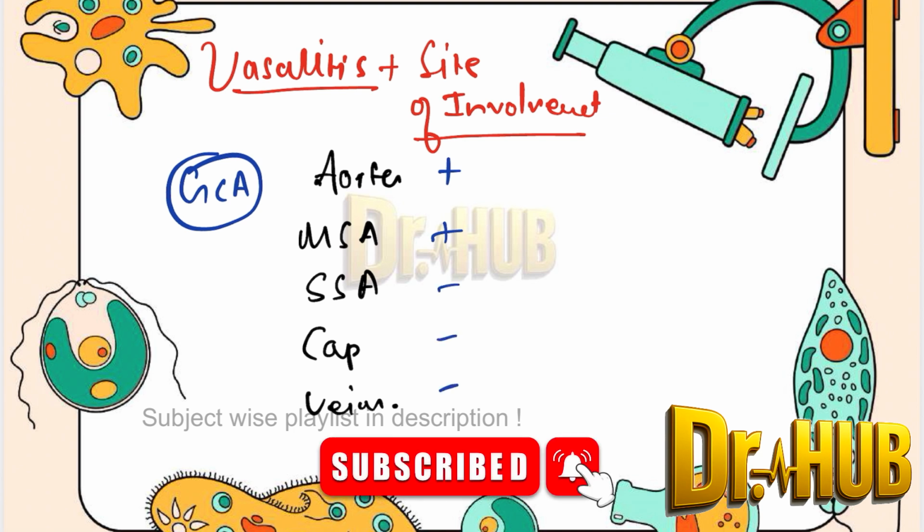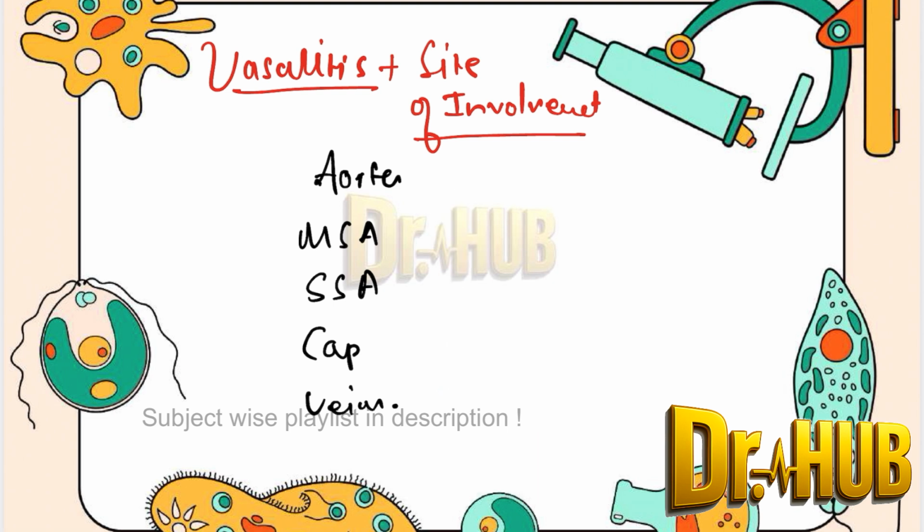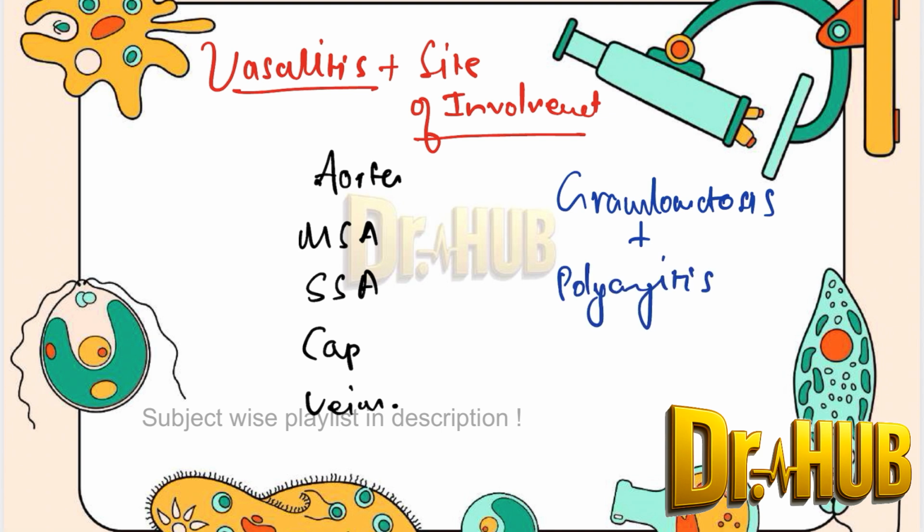Next we move on to the next topic, that is granulomatosis with polyangiitis, which is nothing but Wegener's granulomatosis.